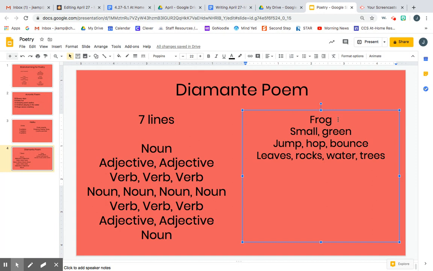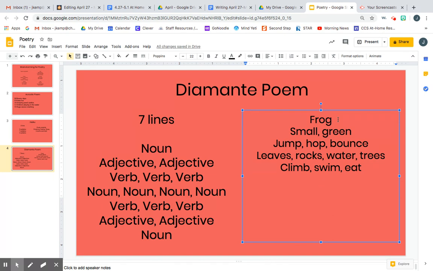Now I need 3 more verbs. I'm going to say climb, swim, eat. I'm trying to think of different ones than my first 3. Those are all actions.